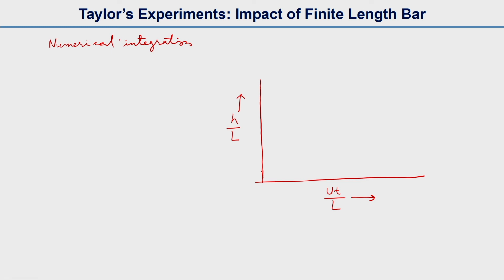So if you have this axis as 0.1, 0.2, 0.3, 0.4, 0.5, 0.6 and 0.7, and here 1, 2, 3, 4, 5.